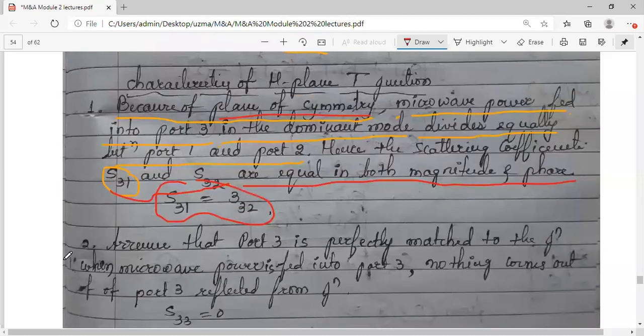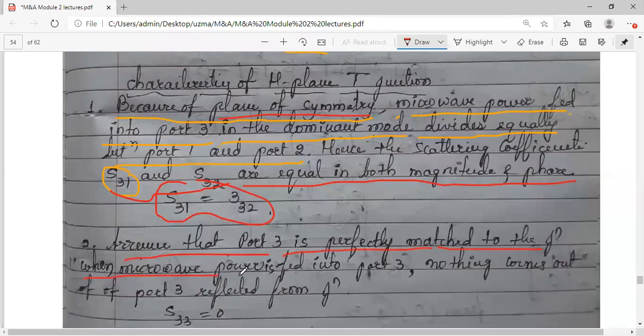Now coming to the next property, if I consider port 3, the side arm, it is perfectly matched. I'm considering, okay. However, we know that waveguides are poorly matched devices because of the junctions. Suppose I consider port 3 a perfectly matched junction.